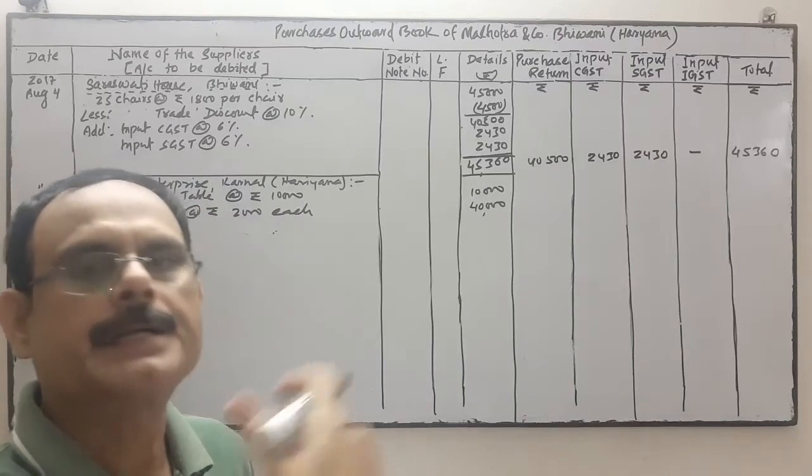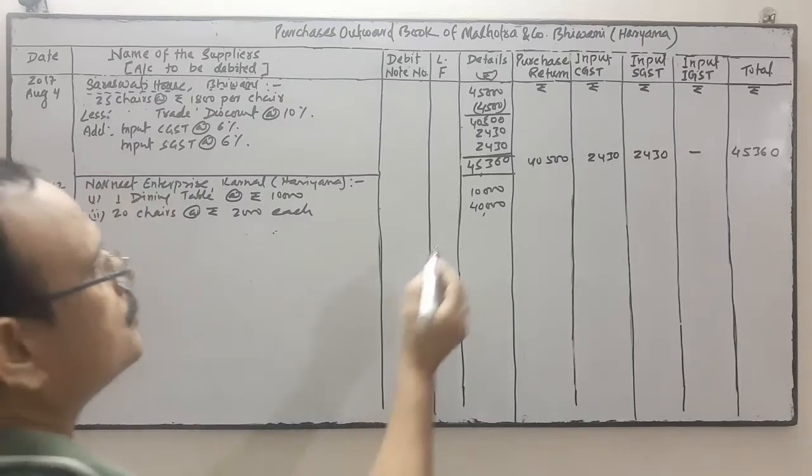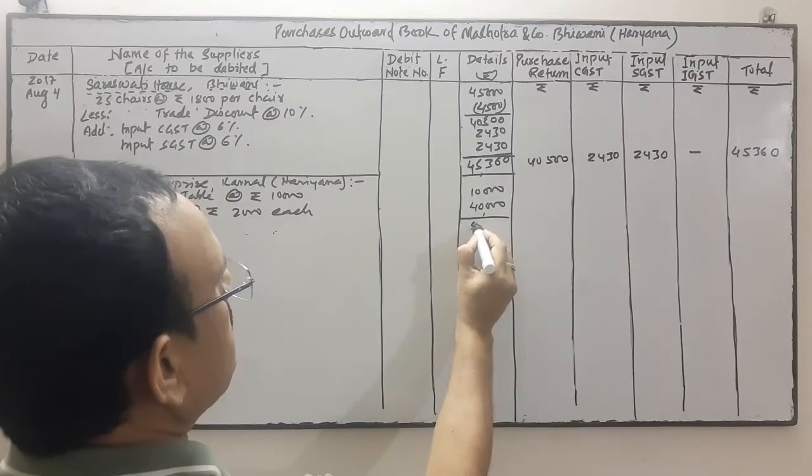That is the reason for returning the goods. So 50,000 is the total.